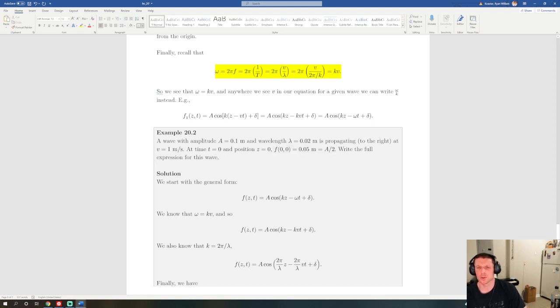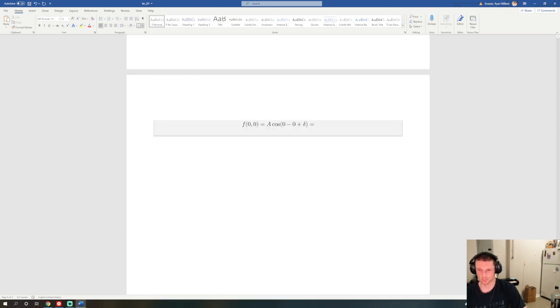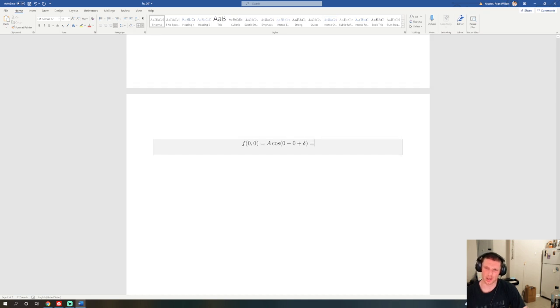Though I'm sure that if you were just going through with the numbers and not really paying attention, it would still probably pop out. But the point is just that the amplitude of the wave at time t equals 0 and at position z equals 0 is just half the full amplitude, right? So we can write that this is A over 2.